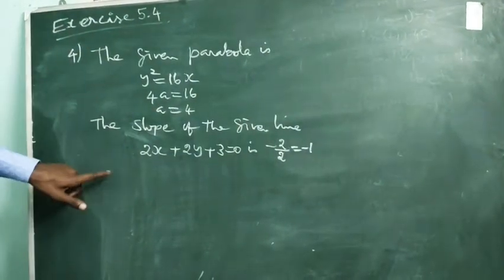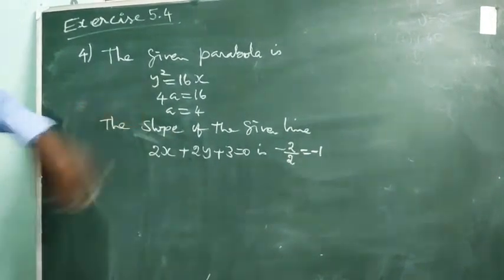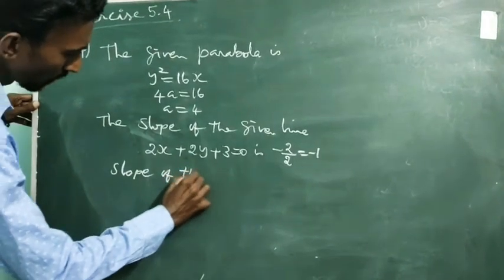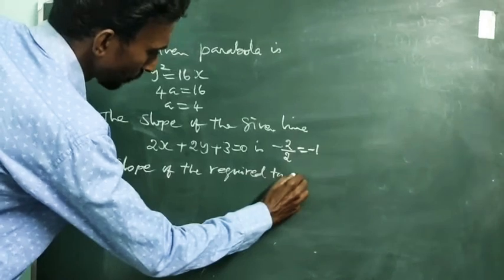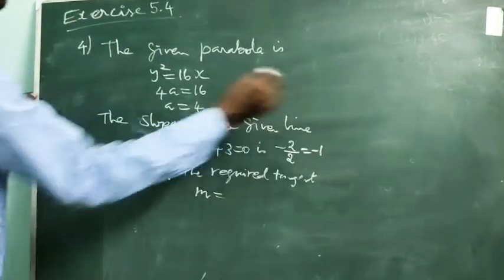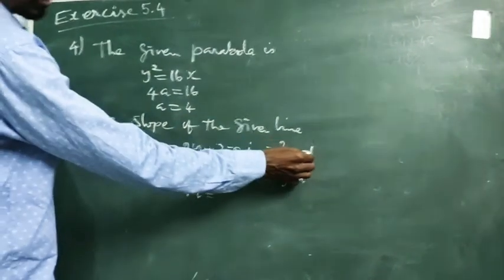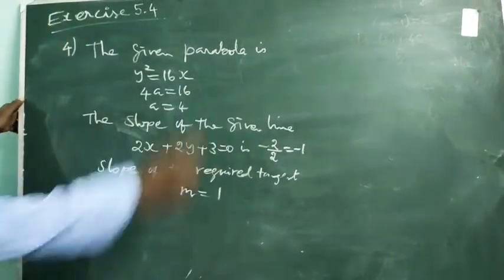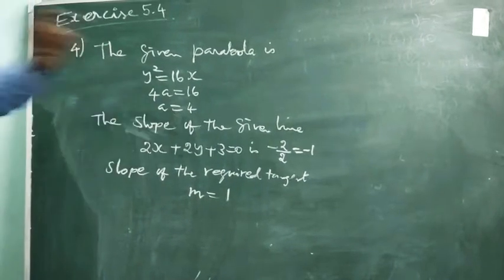The required tangent is perpendicular to this line. Therefore, the slope of the required tangent, we can take it as m. Consider this is minus 1 by m. They are perpendicular, so the negative reciprocal, that is 1. So we are getting m equal to 1 and a equal to 4.